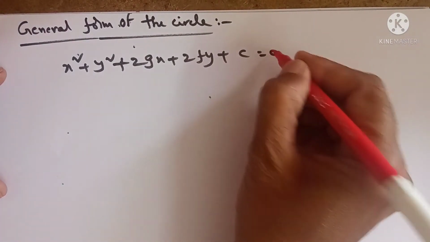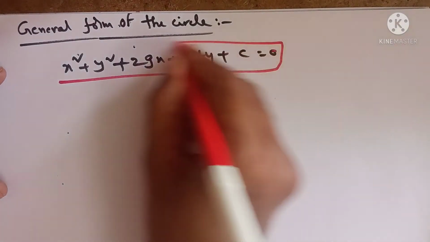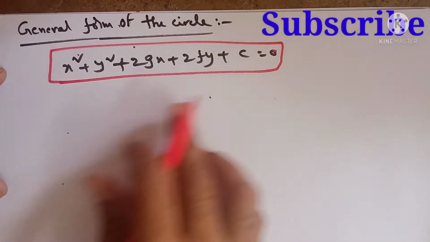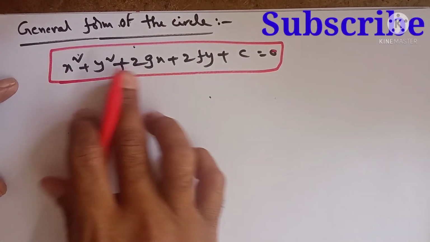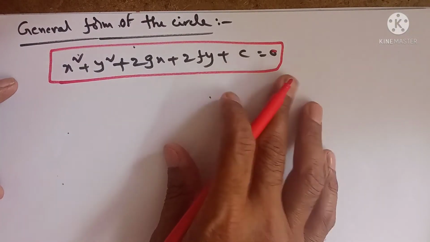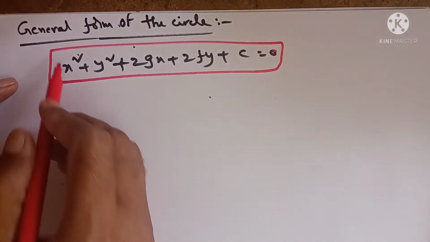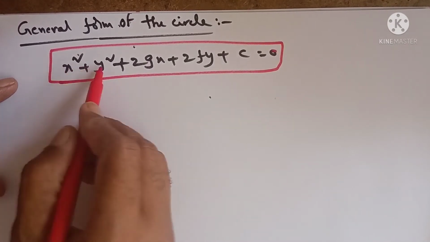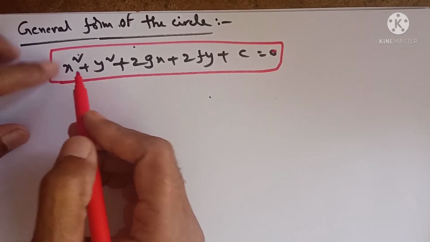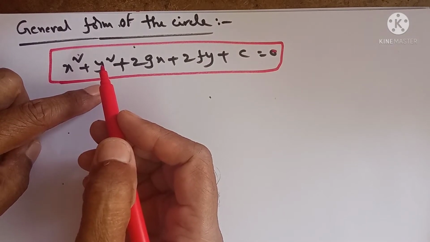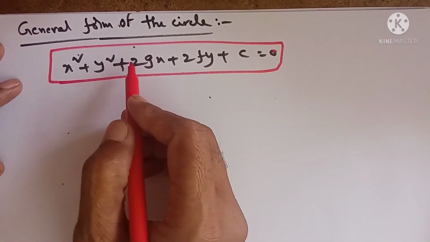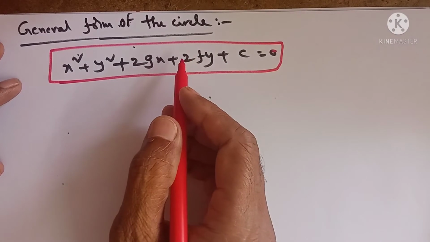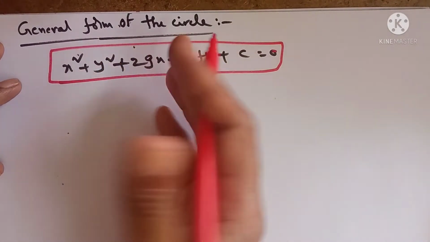This is the general form of the circle equation. Here x square coefficient and y square coefficient both are equal, because x square coefficient is 1 and y square coefficient is also 1. There is no h coefficient. That means xy coefficient is 0.